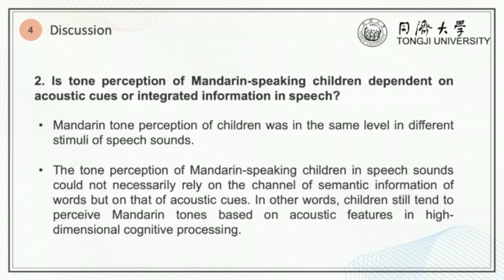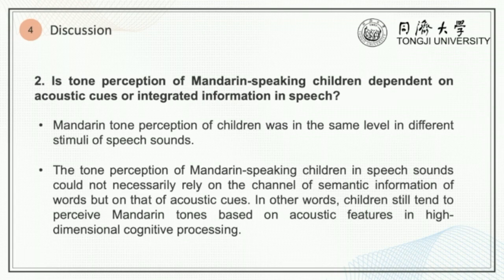In Mandarin tone perception, children perceive tone information through the acoustic cues perception and the semantic information integration of speech sounds. When the speech stimulus is presented as a real word, both two channels would work simultaneously, and when the sound stimulus is presented as a pseudo word, the channel of semantic information would not be triggered.